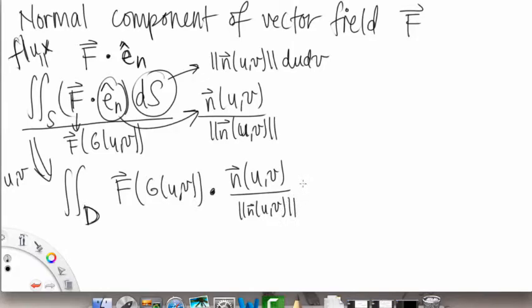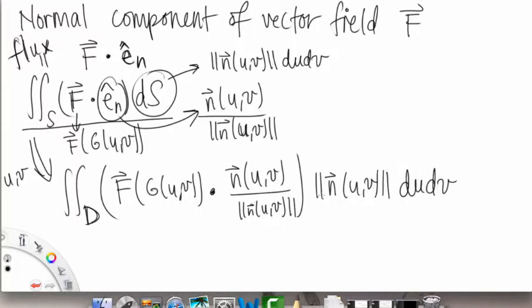That's the dot product there, and this last part is just a scalar, no direction, just some number. As you can see, the magnitudes cancel nicely, so we don't have to find the normal vector and the magnitude and do a bunch of calculations with it.